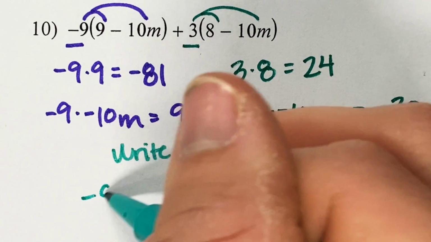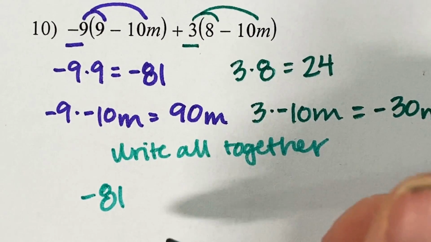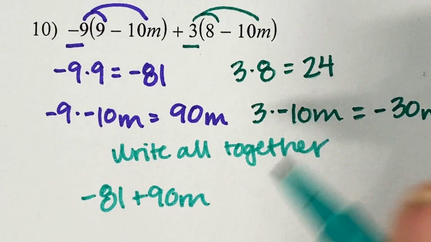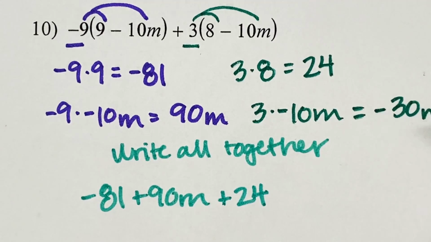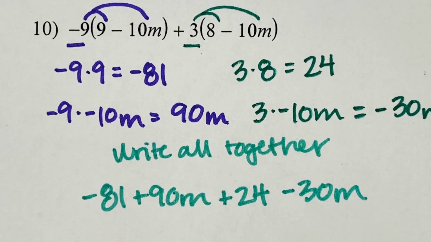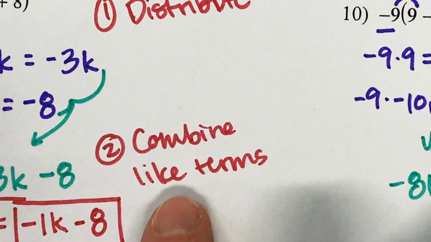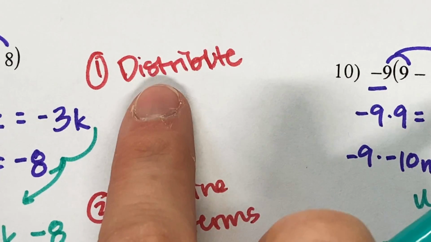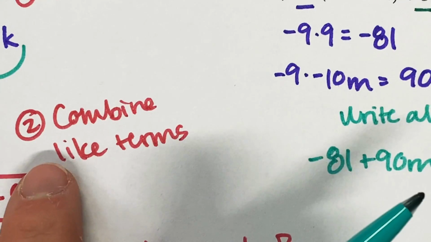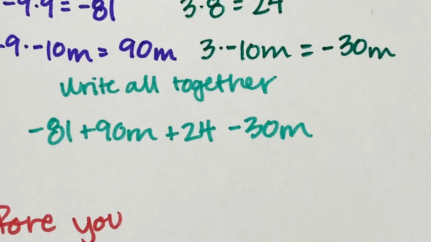So I have negative 81 plus a positive 90m. Okay, plus a positive 24, and then a negative 30m. Okay, so we rewrote them all together, and now we can combine our like terms. So we distributed and got rid of our parentheses. We have no more parentheses. Now we can go ahead and combine like terms.